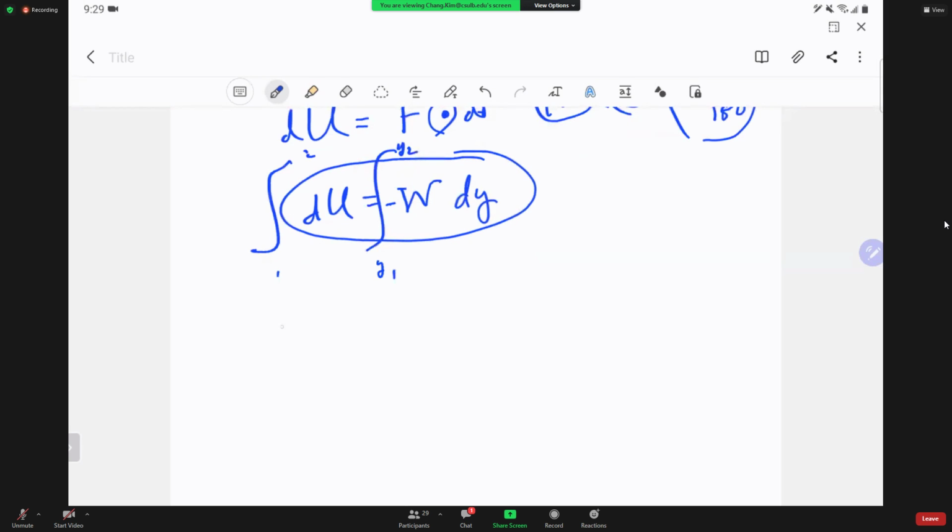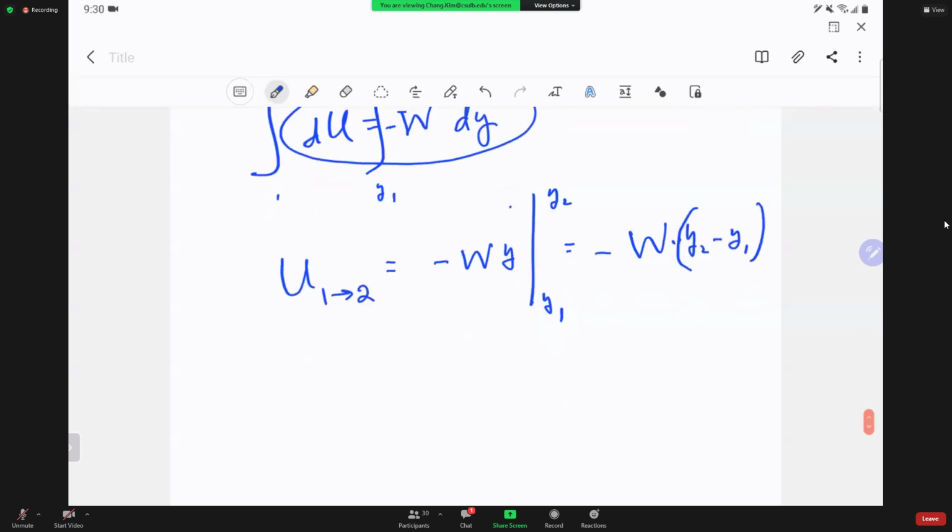Okay, so the actual work by trying to raise the weight would be equal to minus w y, evaluated from y1 to y2. So in this case, minus w, the weight, times y2 minus y1.